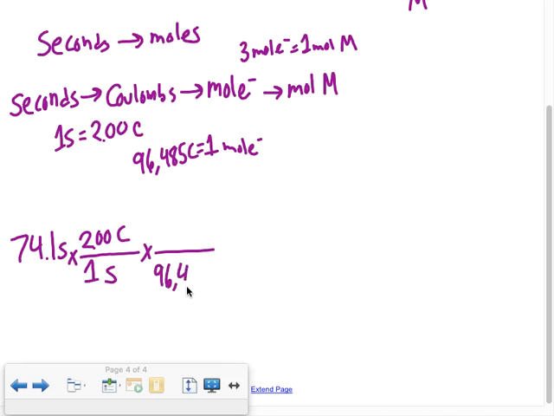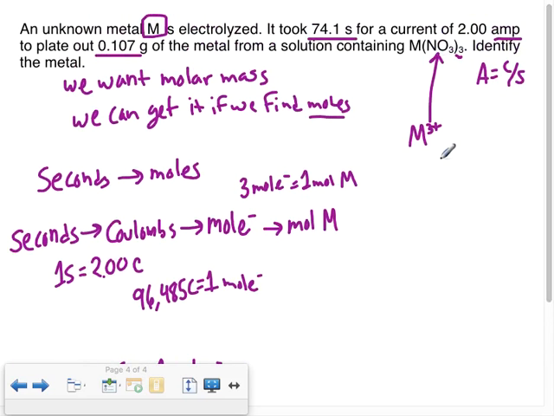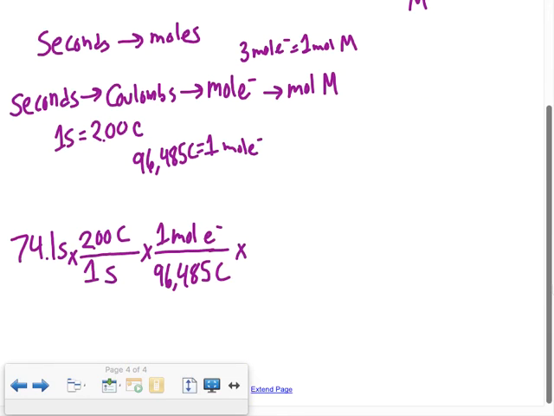And then we had figured out that that metal had a charge of 3 originally and went to a charge of 0, so that's 3 moles of electrons per mole metal. So seconds cancels, coulombs cancels, moles of electrons cancels, and our answer will be in moles of metal M, which is going to be equal to 5.11 times 10 to the -4th.